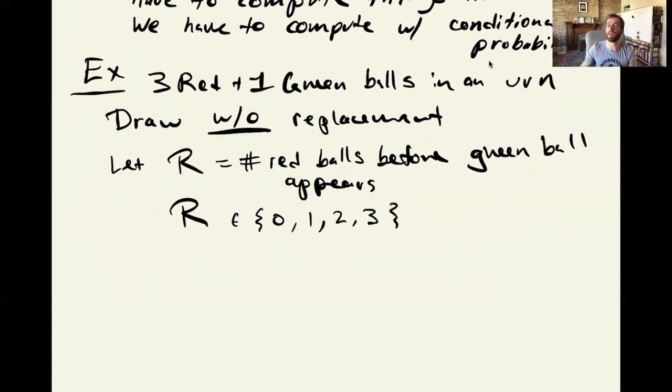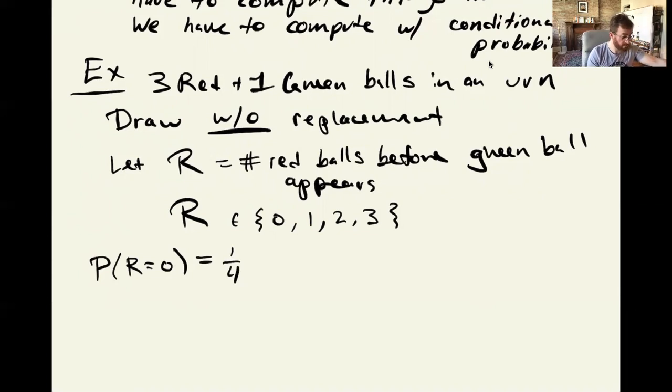Meaning once we pull a red ball out, that red ball is not going back in, and there is now 1 fewer in there. So let's compute. What's the probability of R equaling 0? Well, we already kind of know, right? This is 1/4, because that's the probability that the first ball we draw is green.